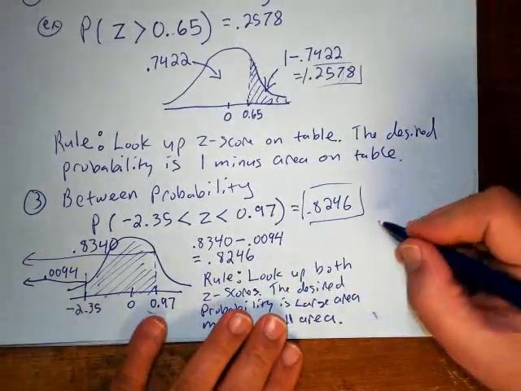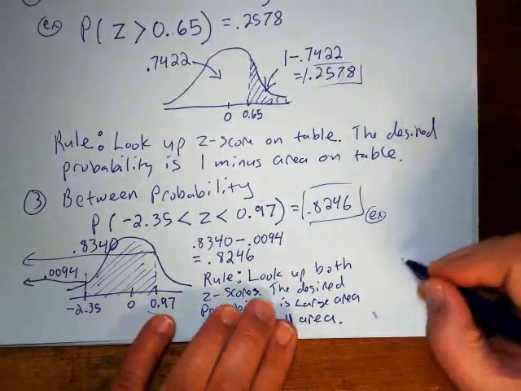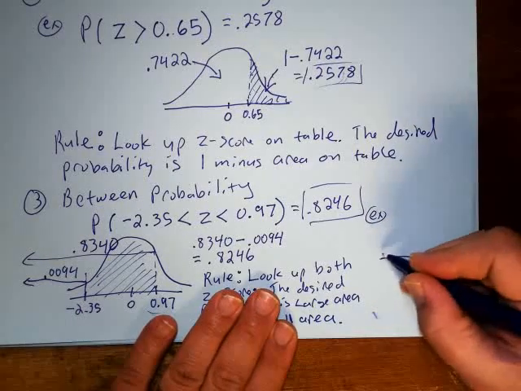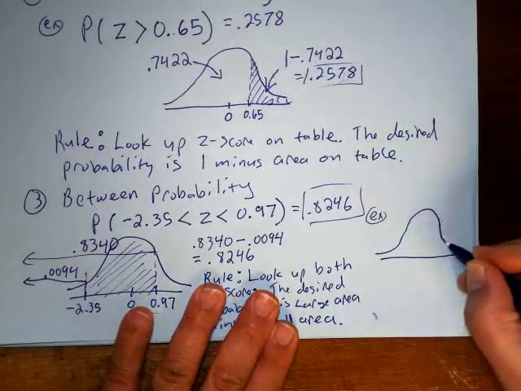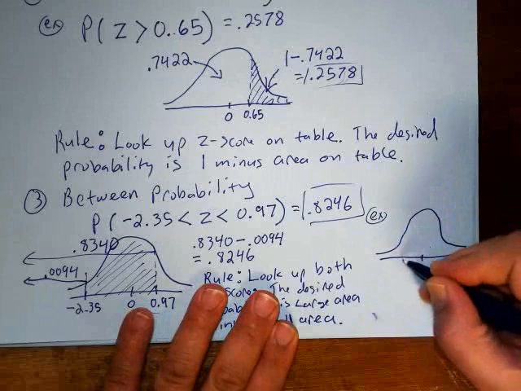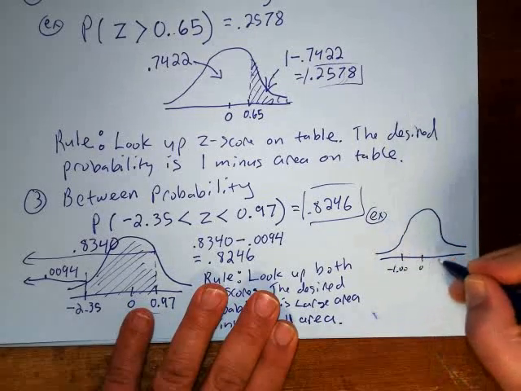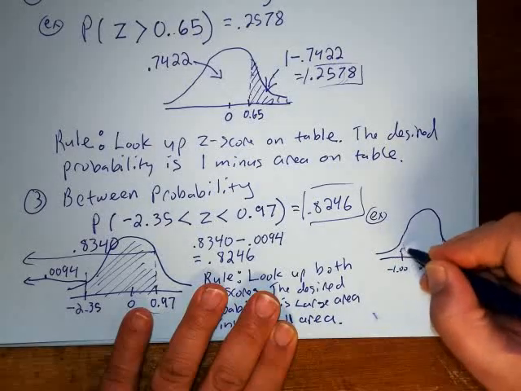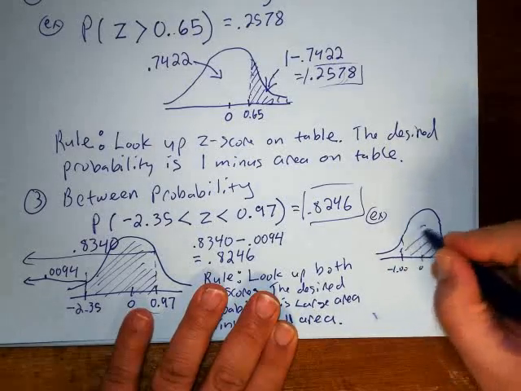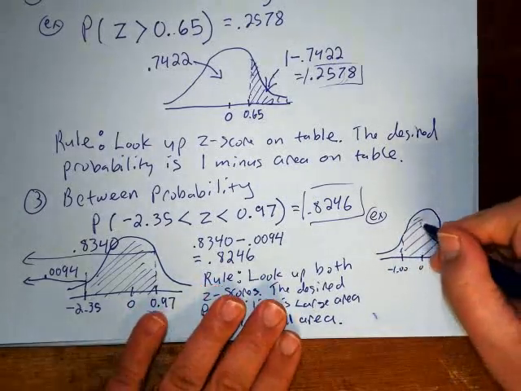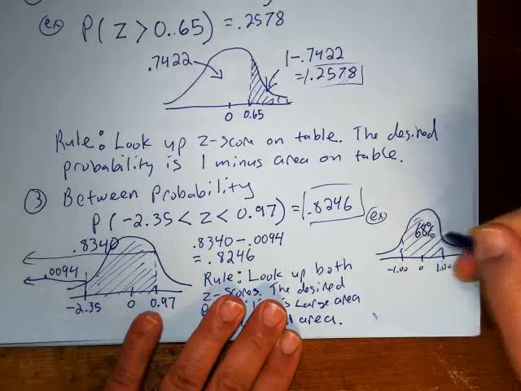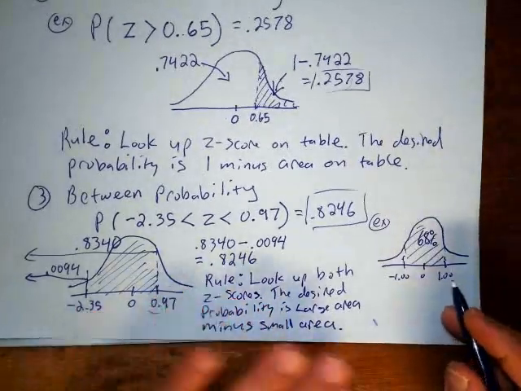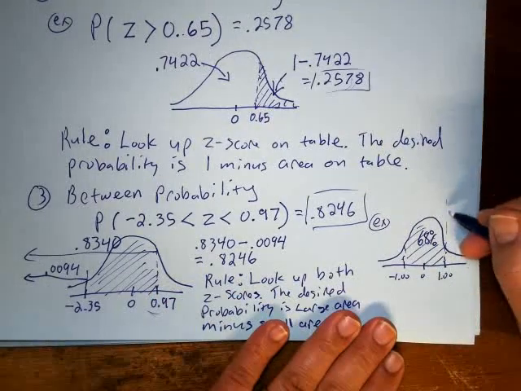So I left a little space over here. I want to show you one more example. I'm going to find the area between -1 and 1. If you remember the empirical rule, this was 68%, so you would expect this to be about 68%.